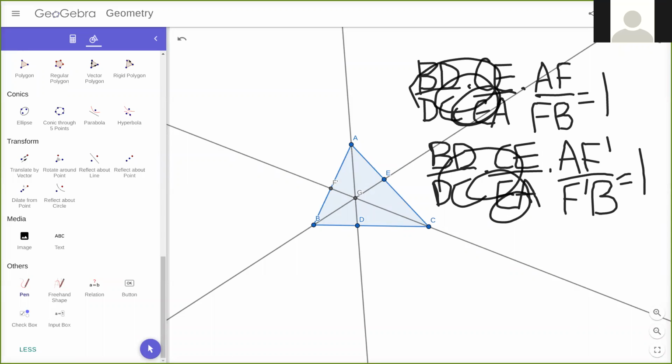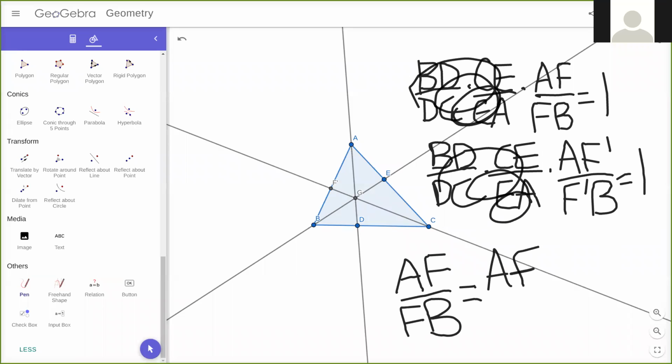So ultimately, AF over FB is equal to AF prime over F prime B. So the ratios are the same.